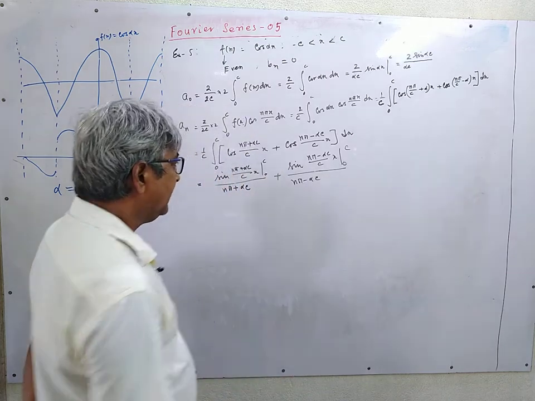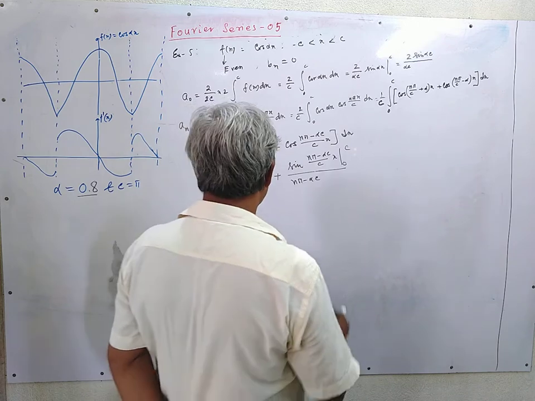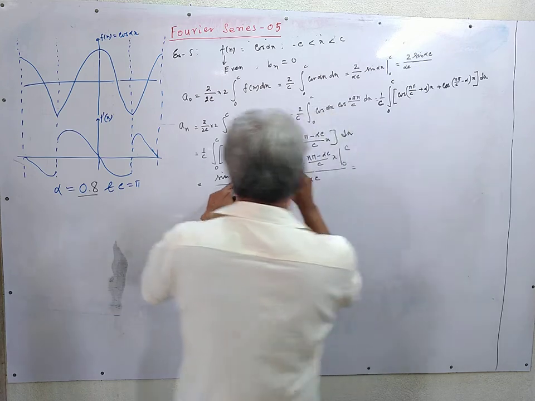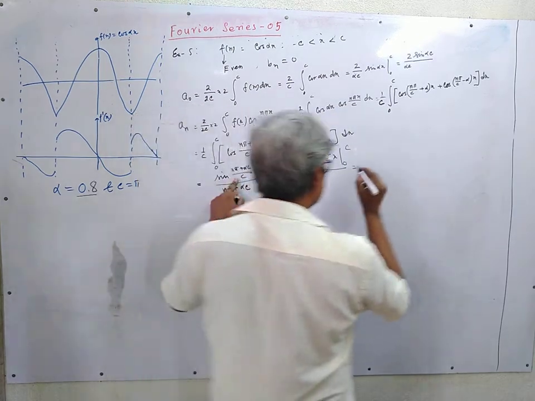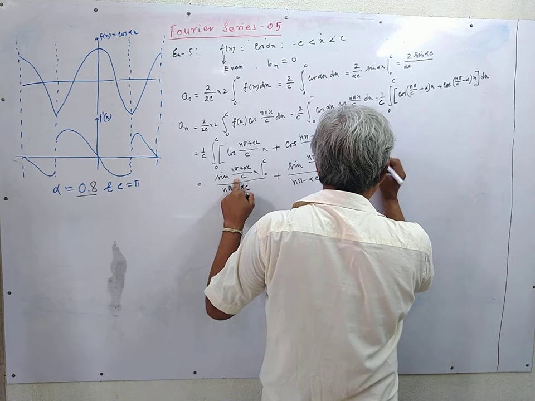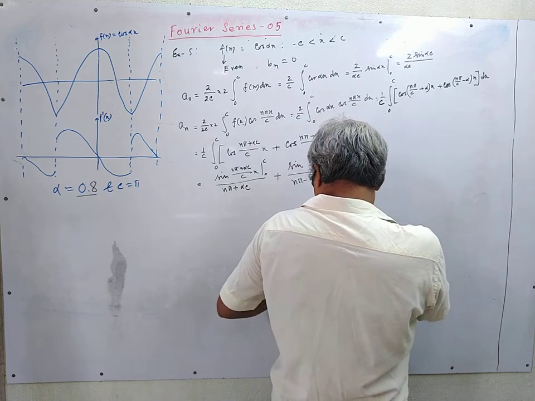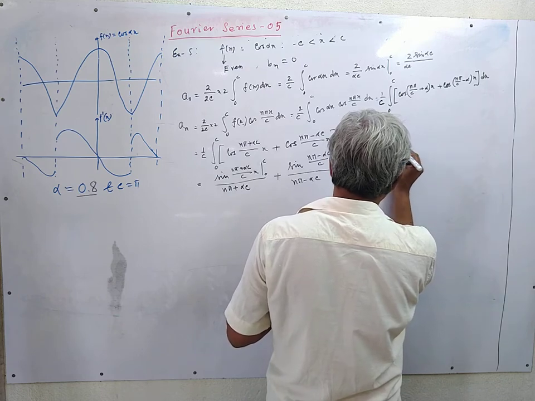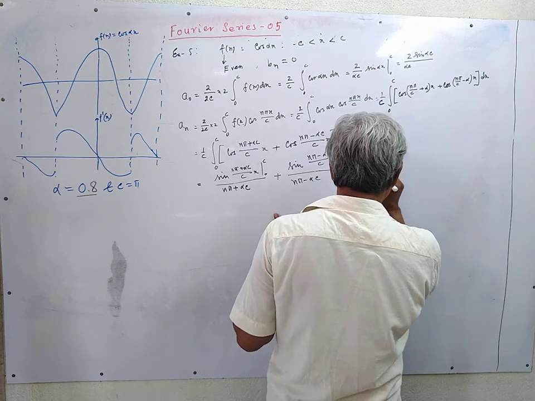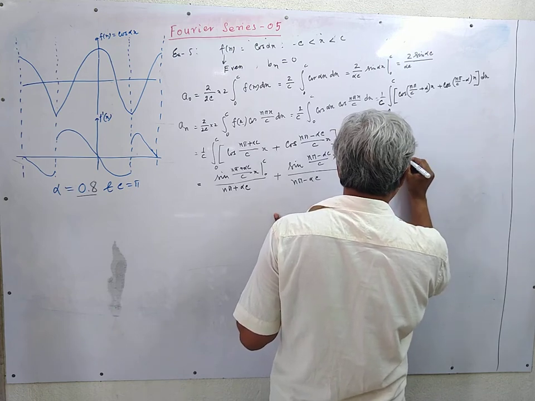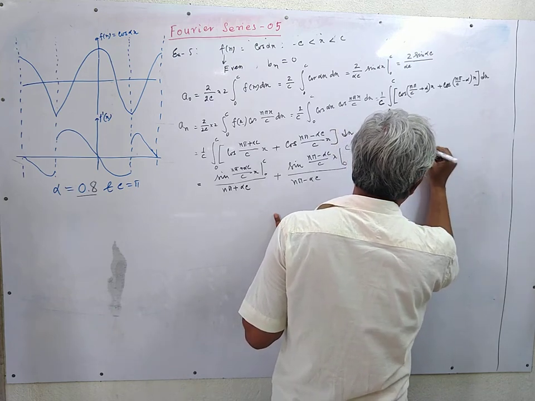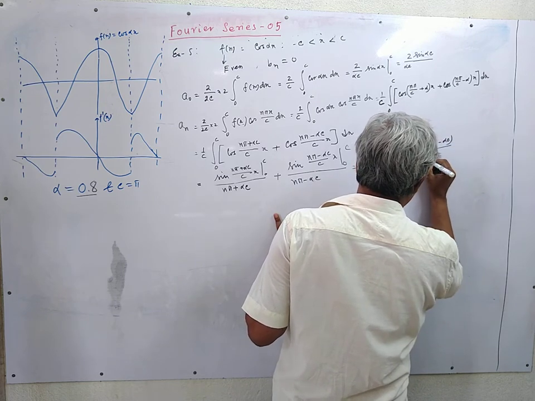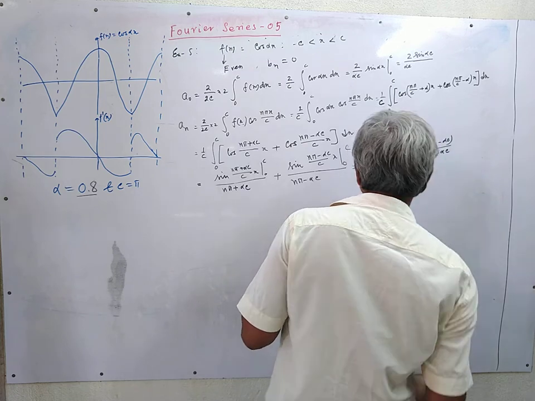Note the correction over here. If we put x equal to c, in the numerator we will have sine of n pi plus alpha c, and in the denominator n pi plus alpha c, plus sine of n pi minus alpha c divided by n pi minus alpha c.